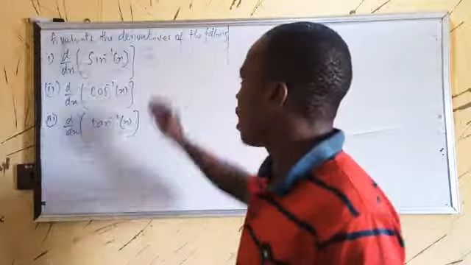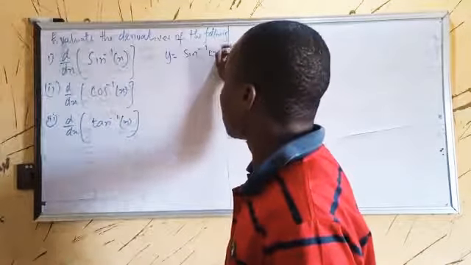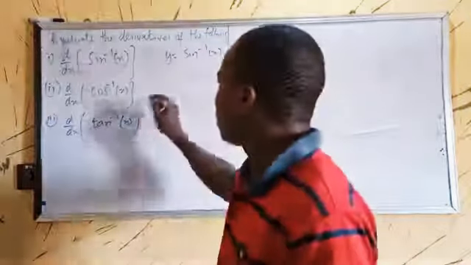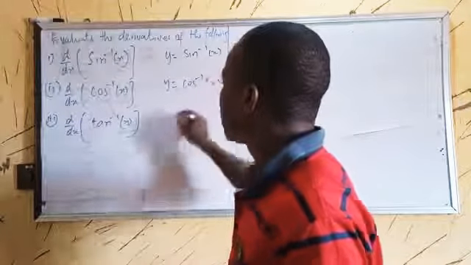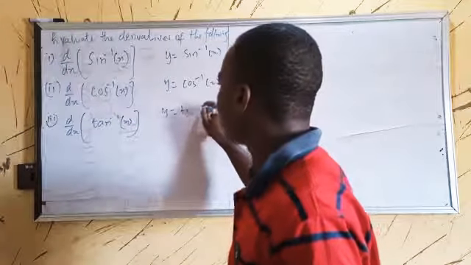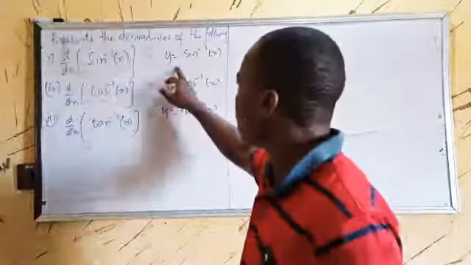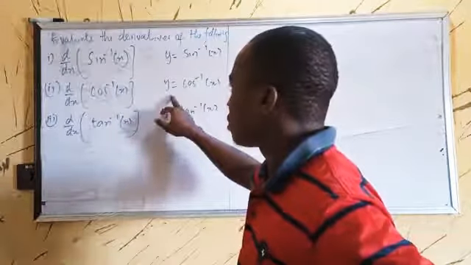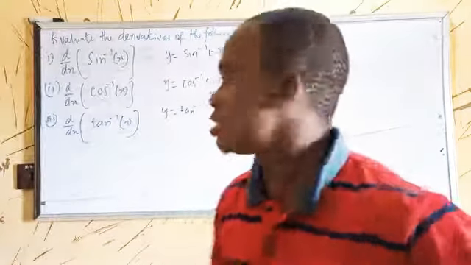That is, if y equals sine inverse of x, and if y equals cos inverse of x, and at the same time if y equals tan inverse of x. So what is the derivative of y here? That is what we want to be looking at today.